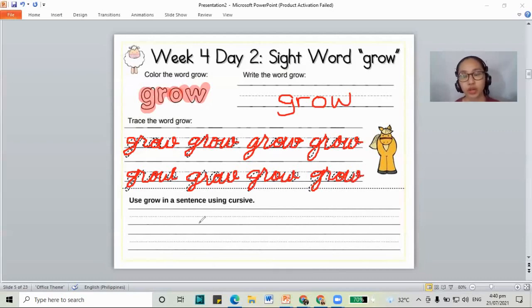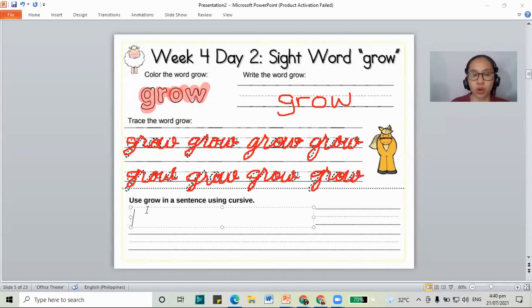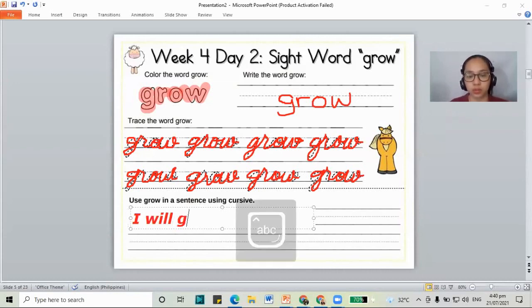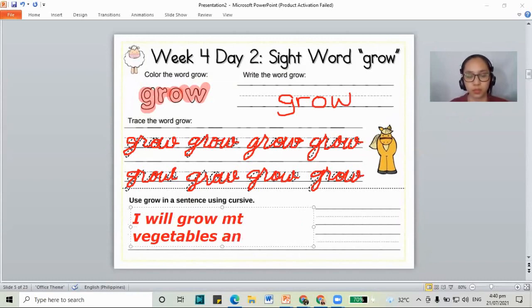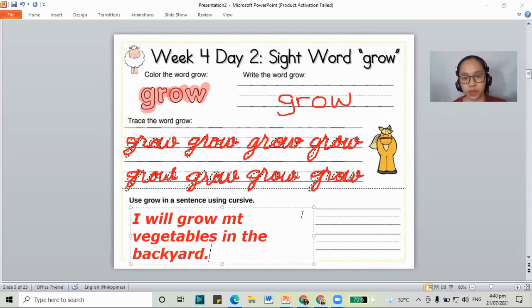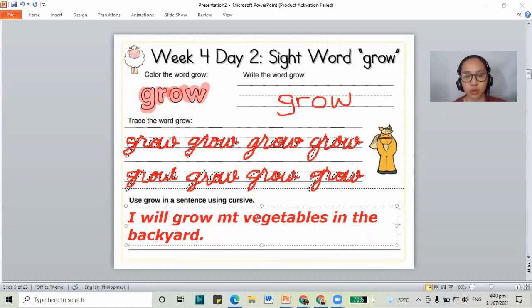So we have the word grow. Now I want you to think of a sentence for your word grow. I will make my sentence for grow. So my sentence, I will grow my vegetables in the backyard.